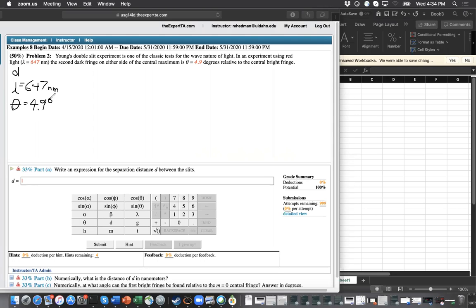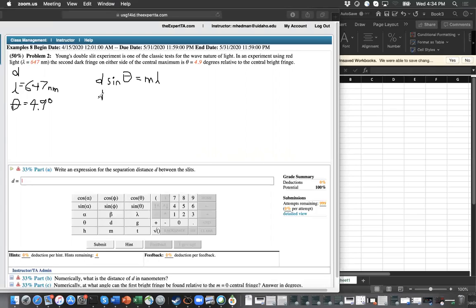Well, what relates what we know to what we want? Now, remember, we have a couple of different expressions for this. We have the expression d sine theta equals m lambda.